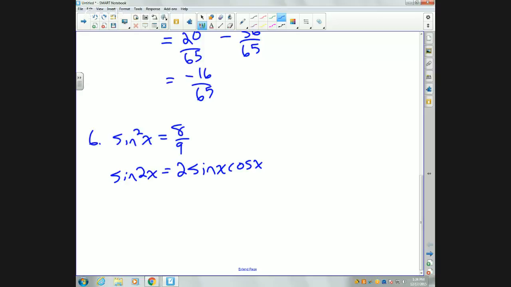Sine x is fairly easy. We can just go from here. If we want to know what sine x is, just take the square root. And when you take the square root of a fraction, that's like taking the square root of the top and the square root of the bottom. Sorry, I just forgot one thing here. When we take the square root, there are 2 answers.